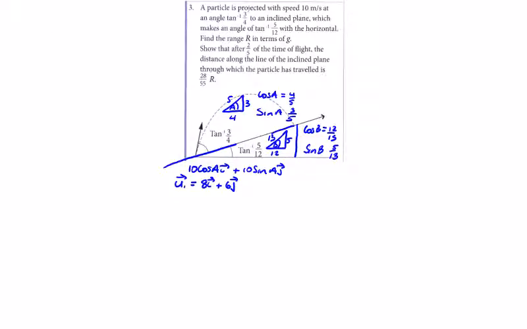My accelerations: acceleration in the I direction is going to be minus g sine B, and in the J direction minus g cos B. So minus g sine B is minus 5g/13, and minus g cos B is minus 12g/13. So these are my accelerations.